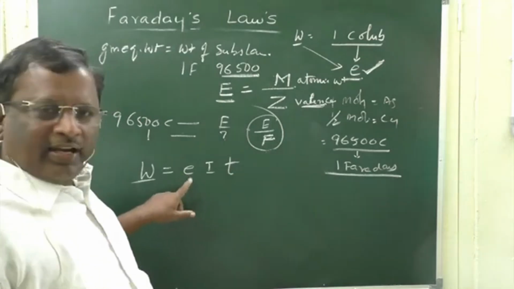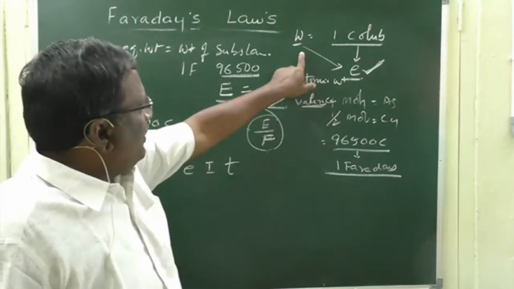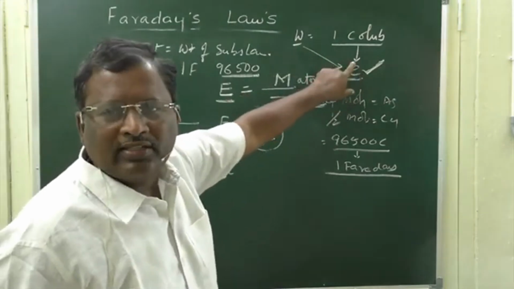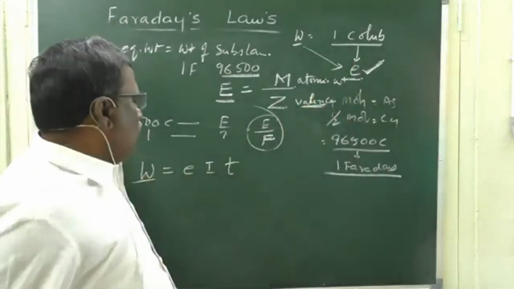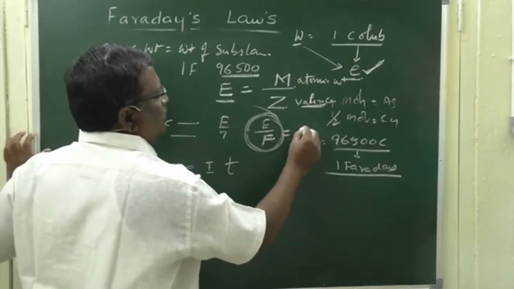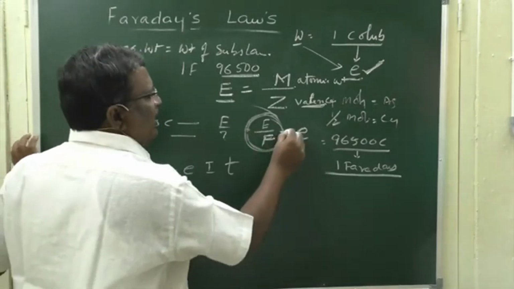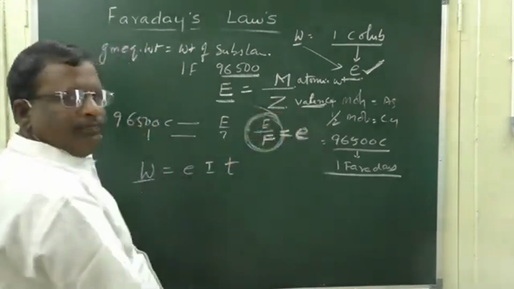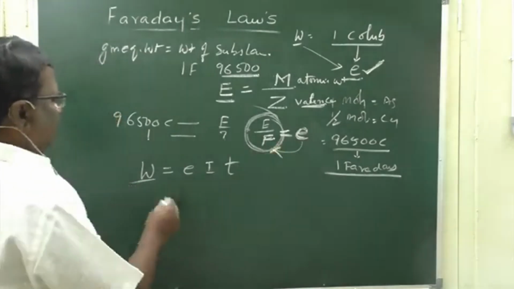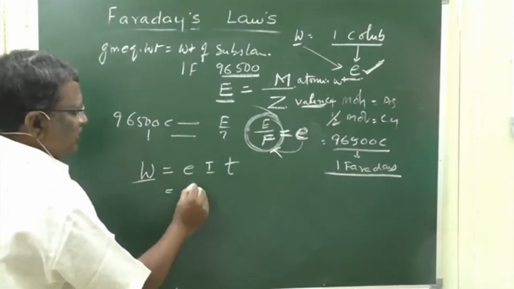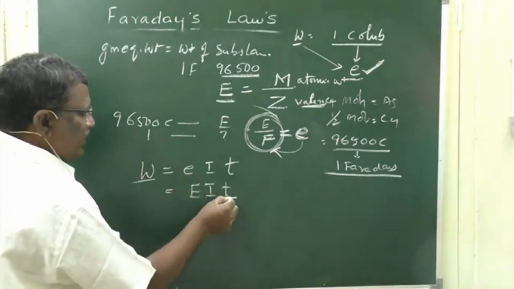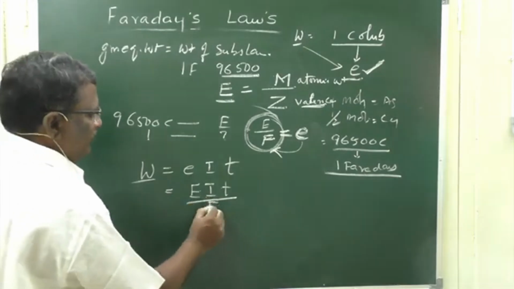Now, this electrochemical equivalent is nothing but the weight of the substance deposited by 1 coulomb of electricity. We came to know that the weight deposited by 1 coulomb is equal to E by F, and it is also equal to small e. So, instead of small e, you can substitute E by F, then W is equal to E I t by F.